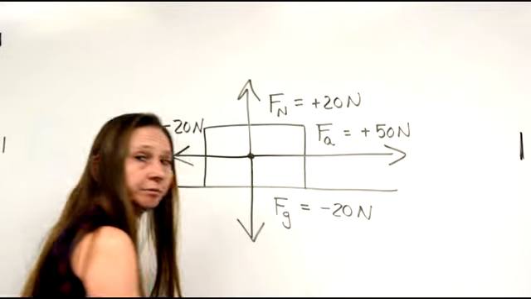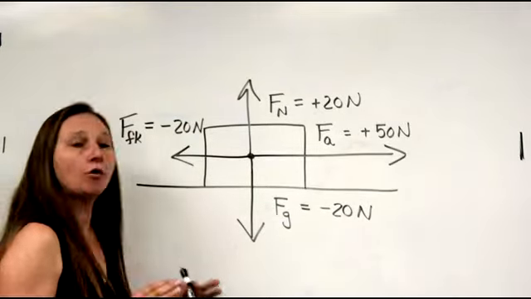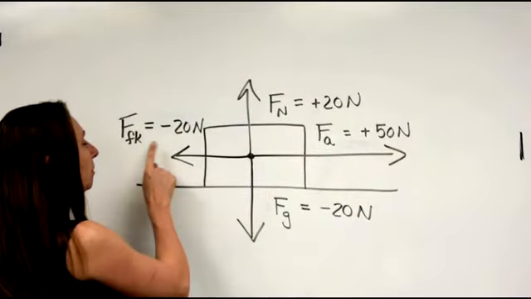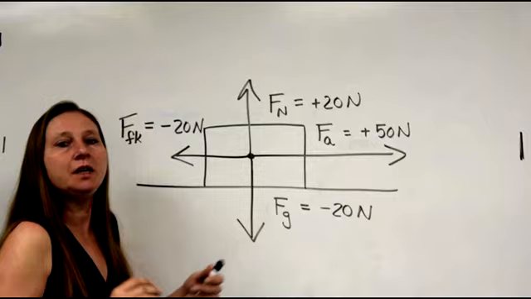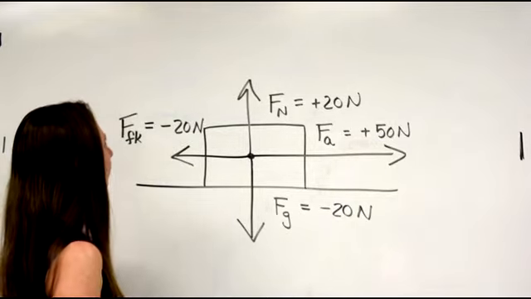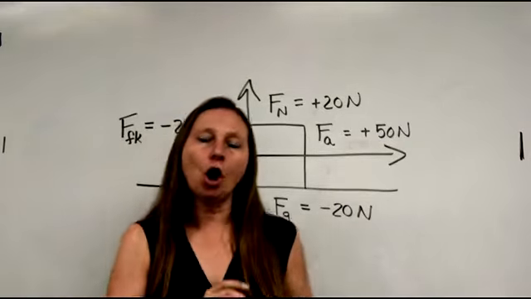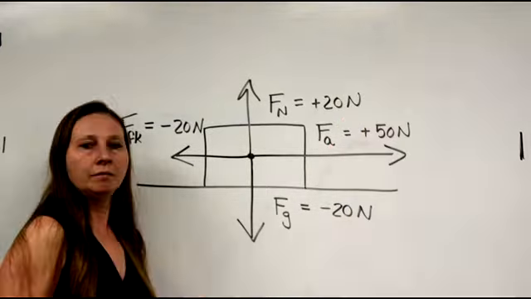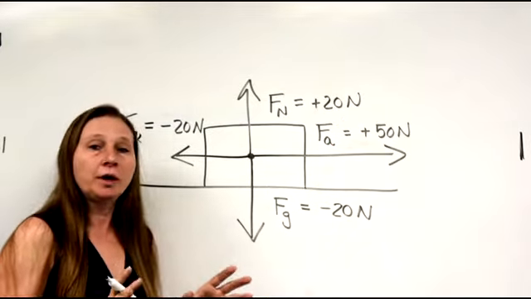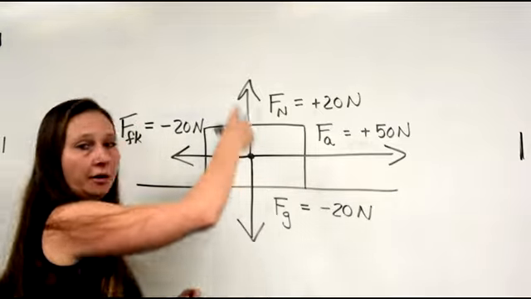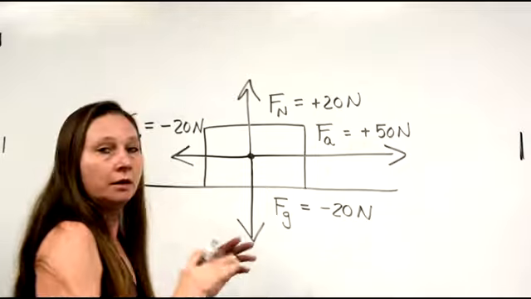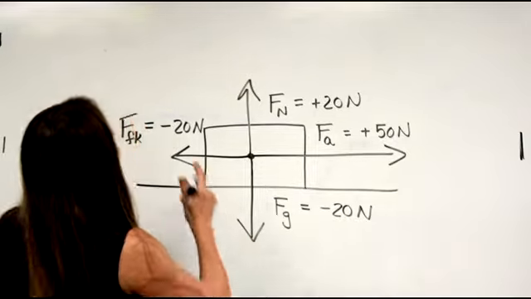Add them together to get the net horizontal force. 50 plus minus 20. 50 minus 20 gives us a net horizontal force of 30 newtons. Now, just a really quick calculation of net vertical, net horizontal, so you can see a little bit of the equation, the math. All right?